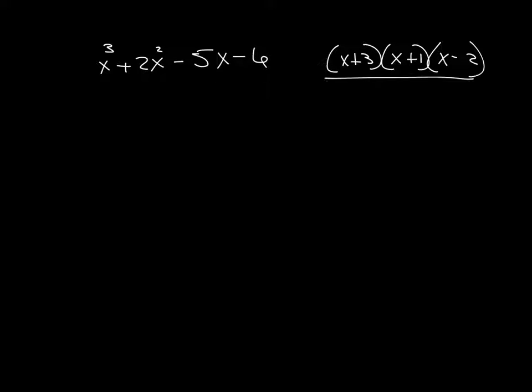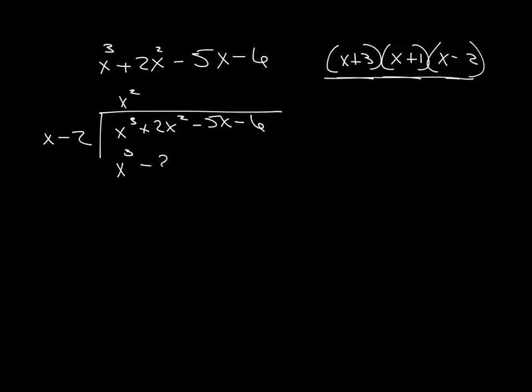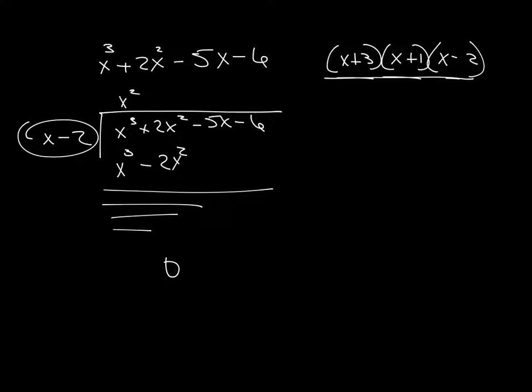I know these are factors because if I do this really disgustingly evil division and divide it by any one of these, let's say x minus 2, and I do the long division and keep going all the way down, I get a remainder of 0. So check that off. That is a factor of that. And when I do x plus 1 and x plus 3, I also get remainders of 0.